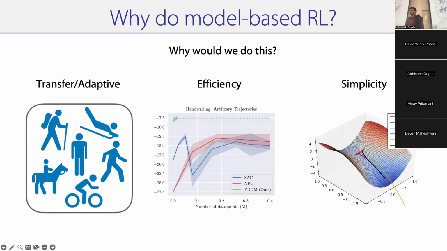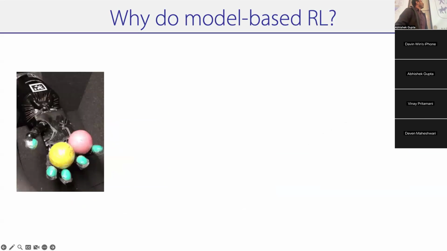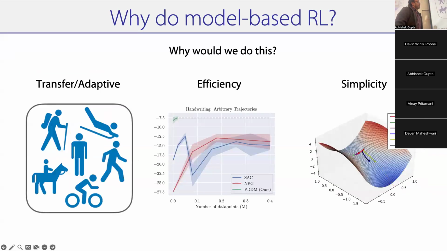It's basically just doing supervised learning, which means you can apply your favorite deep learning tricks to it. You can have a big transformer model, or a big diffusion model, anything in deep learning will transfer to model-based RL. And I think that transfer is probably the most important bit, but each of these matter in different ways.